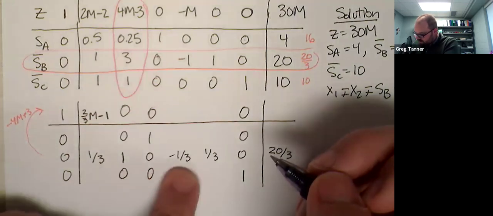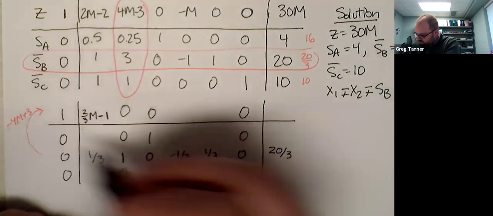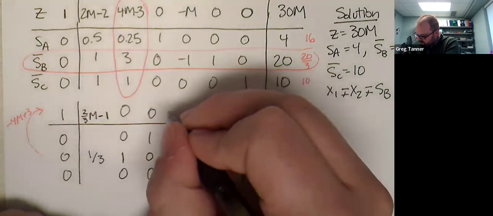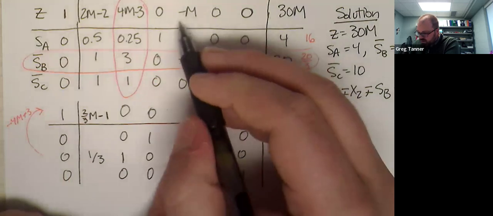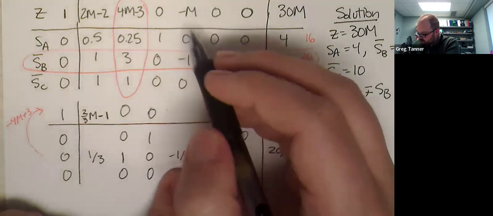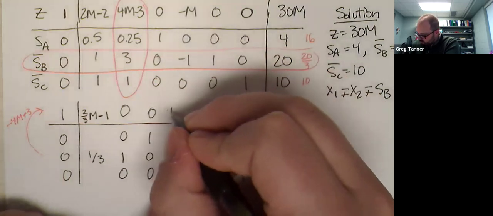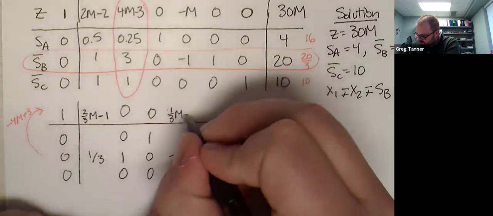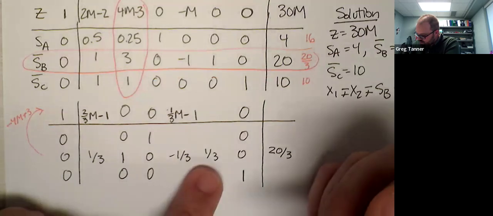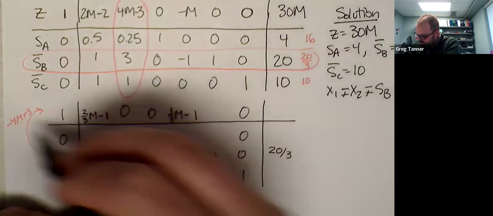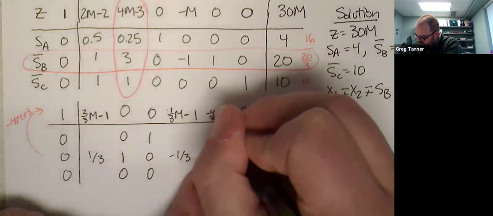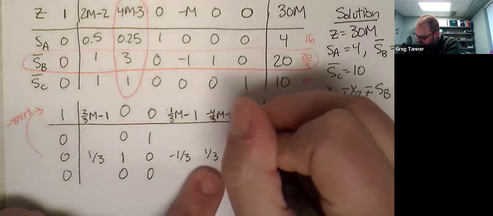Over here, negative 1/3 times 4m is going to give us 4/3 m, and we got a negative m there, is going to give us 1/3 m, and then minus 1. And then multiplying this with that is going to give us negative 4/3 m plus 1.